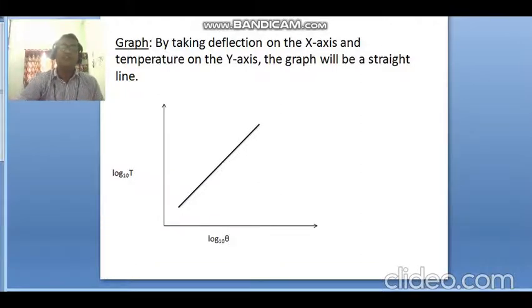Approximately, because the logarithmic relation between the temperature and theta is always directly proportional. By this we can explain the relation between the temperature and the deflection from this graphical representation.